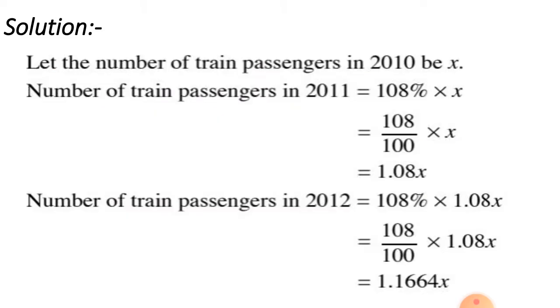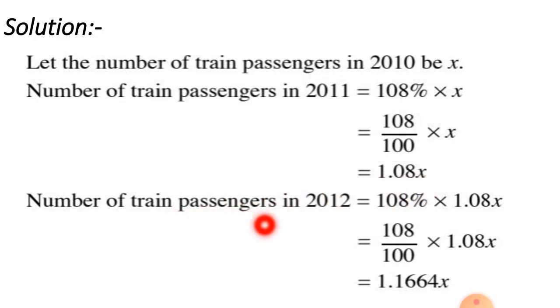So let's go with the solution of this. As we don't know the 2010 numbers, we are going to suppose it is x. The number of train passengers in 2011 is 108% into x, and in place of percentage we put denominator 100. When we divide, we get 1.08x.